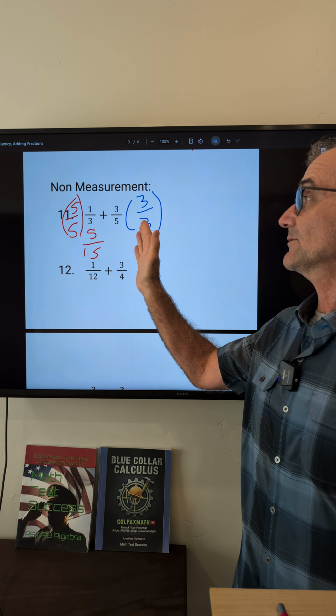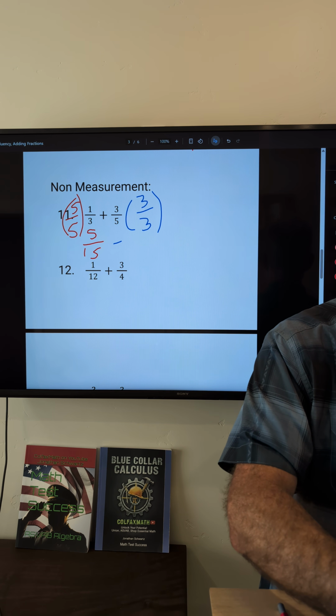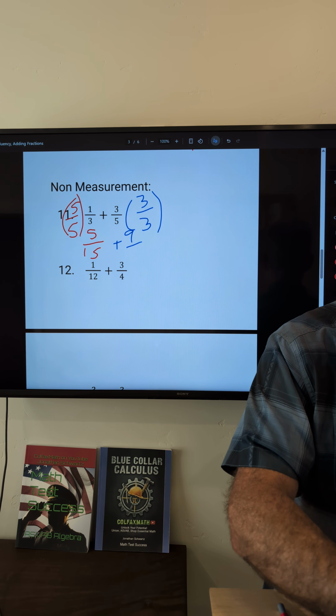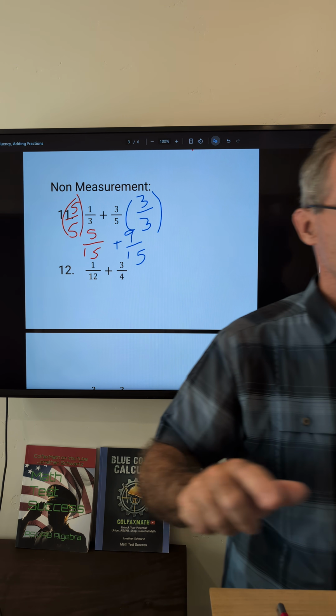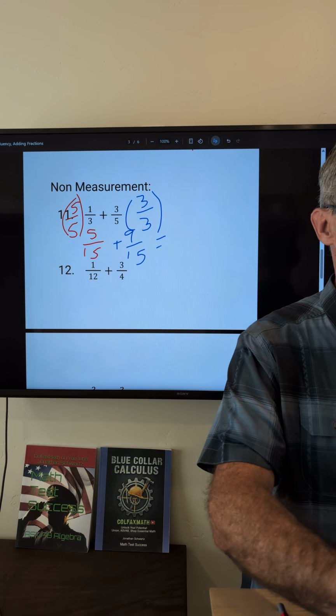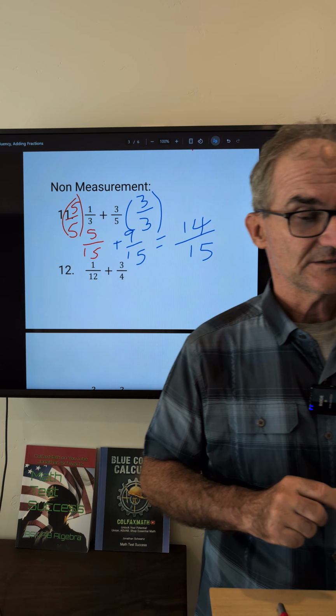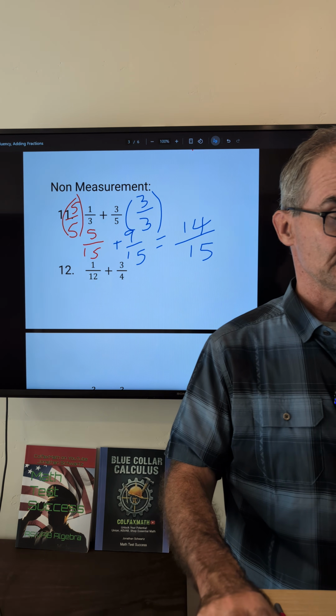Again, I'm multiplying by 1, doesn't affect the value, but it gives me that common denominator of 9/15. So step 1, again, get that common denominator. I have it. Step 2, add across the top, 14. Step 3, keep that common denominator. So number 11 is 14/15.